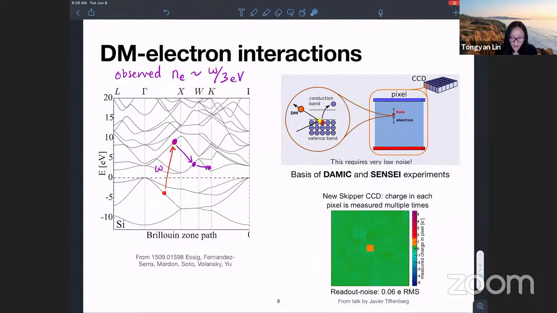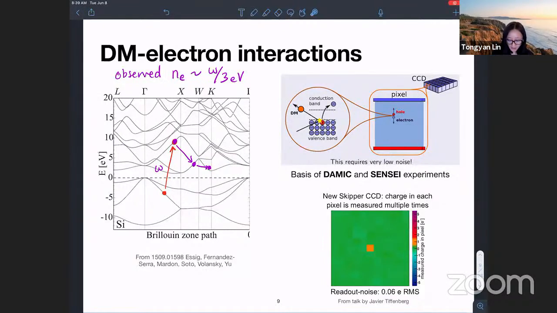If there's a bias voltage, it'll drift the electron to one side and the hole to the other side. The hole is just, sorry, the unoccupied state. But more importantly, we drift the electron with this bias voltage. That's just the operating principle of a CCD.